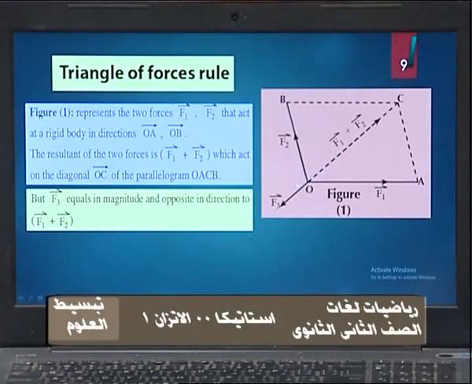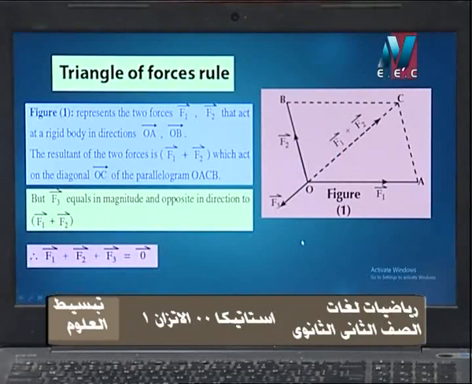So the body put here is in equilibrium. So F1 plus F2 plus F3 equals 0. So if the body is under the effect of three forces, we can add the two forces into one resultant, and this resultant equals the third force.